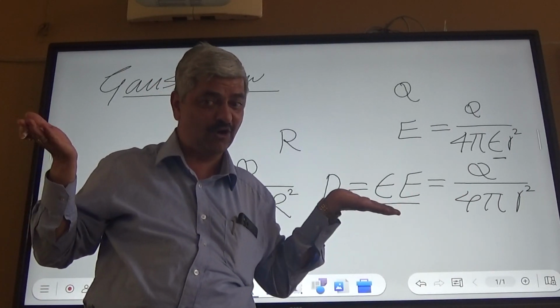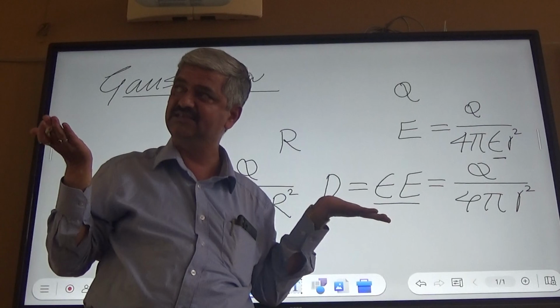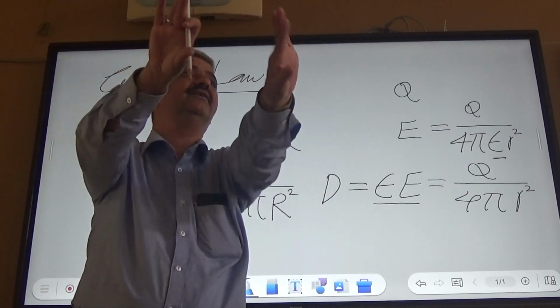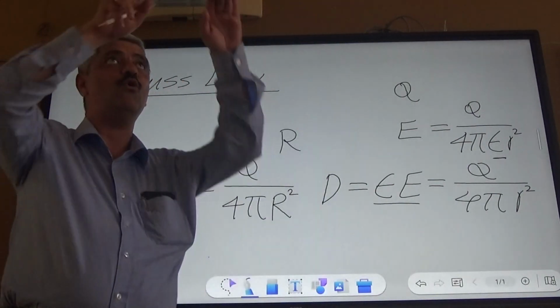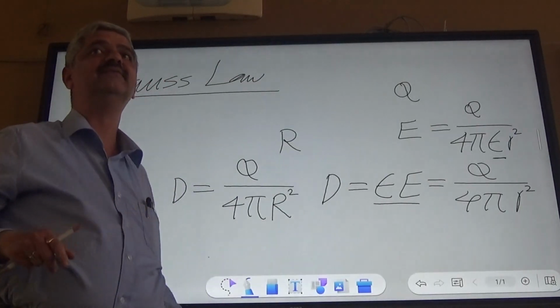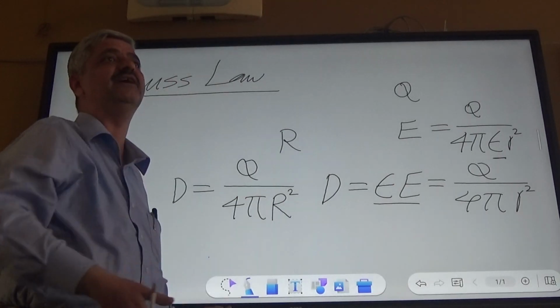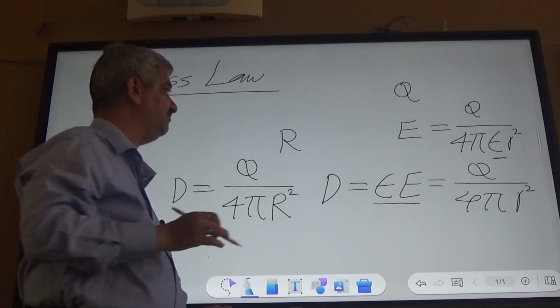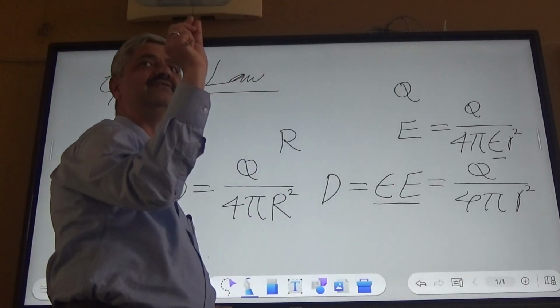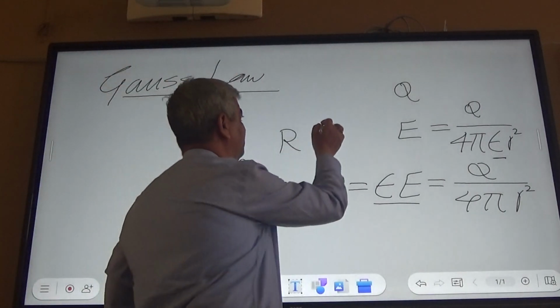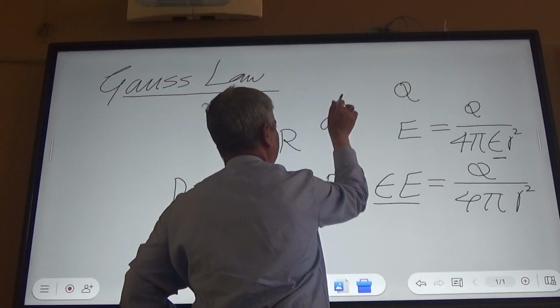Now if we talk of electric flux density over the sphere, it means we have to take the entire area. Call the sphere's area S, and I take a small surface ds.